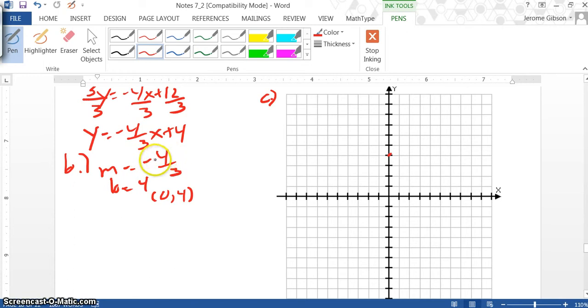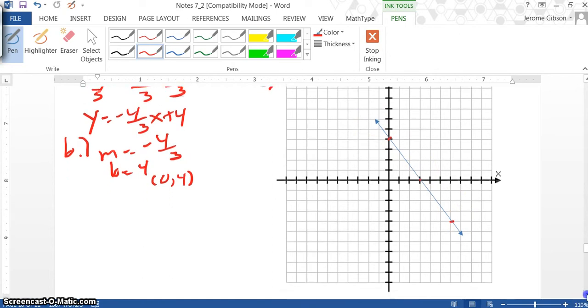If we leave our rise negative, that means we will go down 4, and then we will go to the right 3. Now we could do that again. We can go down 4 to the right 3. Now the reason why I was able to do that with this problem and not the others is because the numbers were small enough and the point was positioned in the correct position. So now let's draw our line, and here's my line.